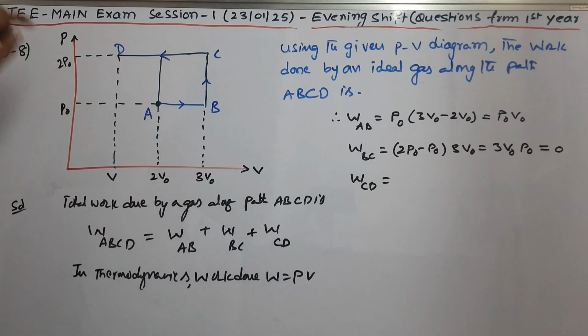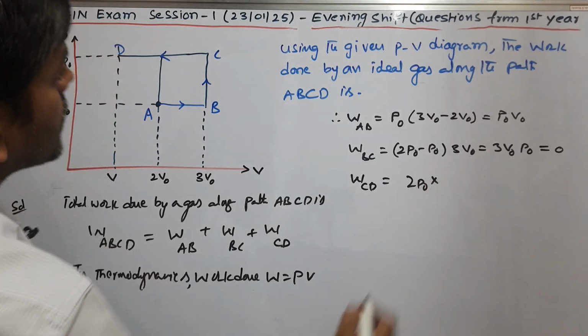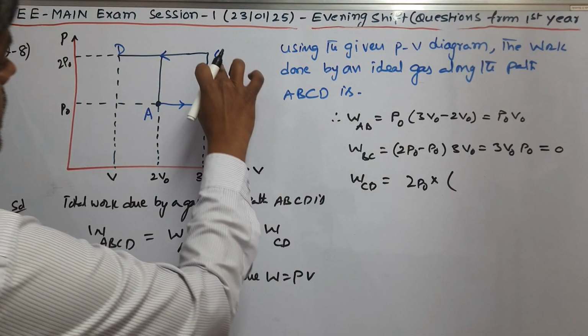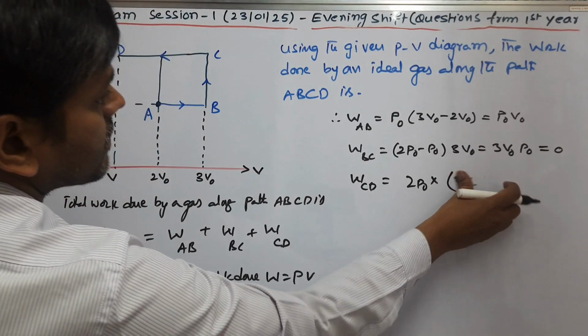Okay. Next, work done C to D. Here pressure remains constant. What is that pressure? 2 P naught into final volume V naught minus initial 3 V naught, final minus initial.